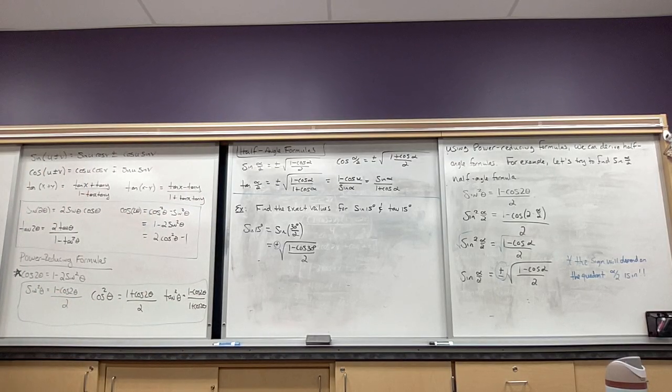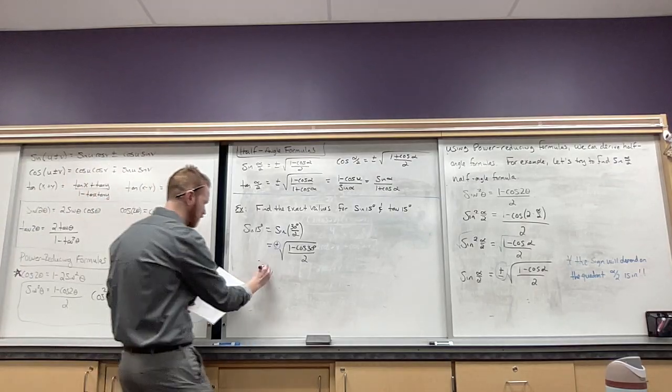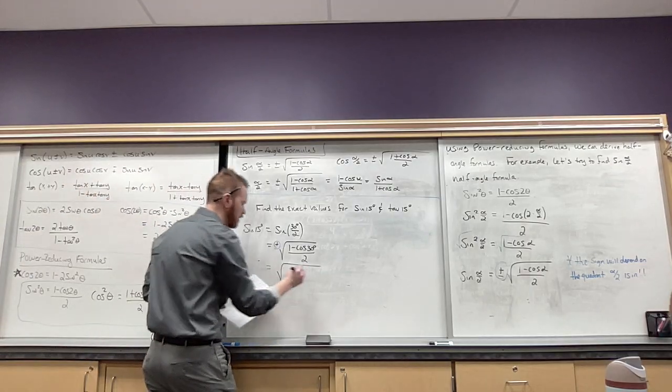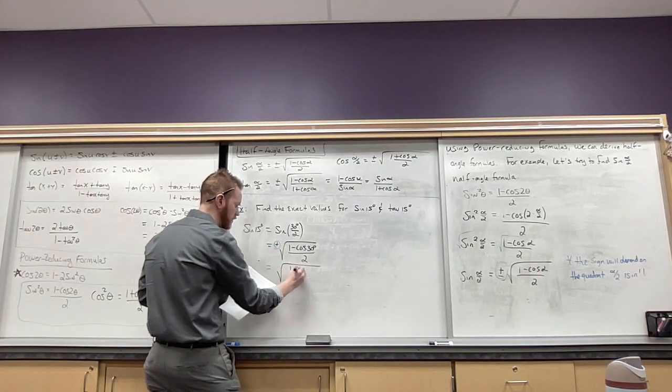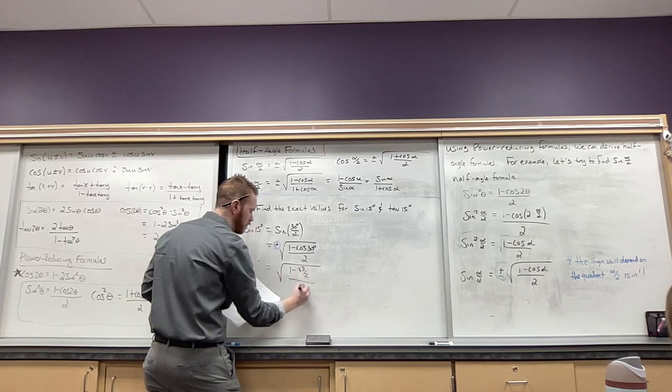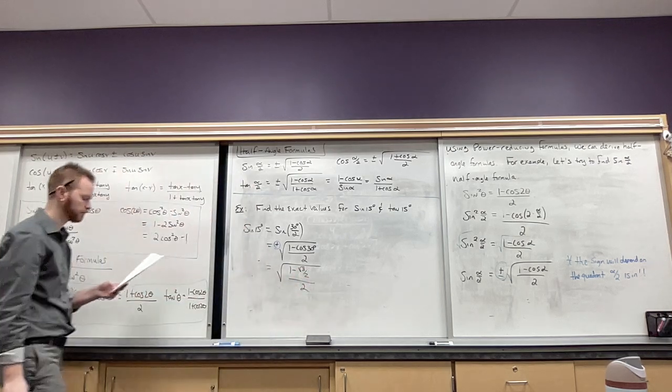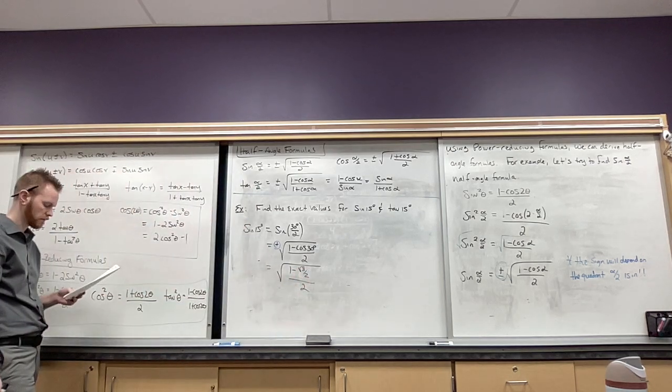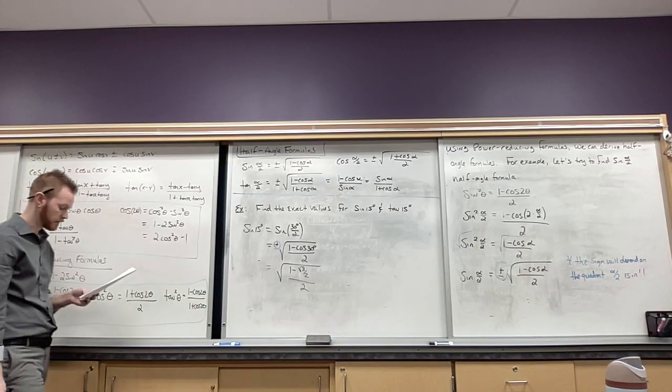We'll simplify what's underneath the radical. So this will be 1 minus square root of 3 over 2 divided by 2. And we're just about done.